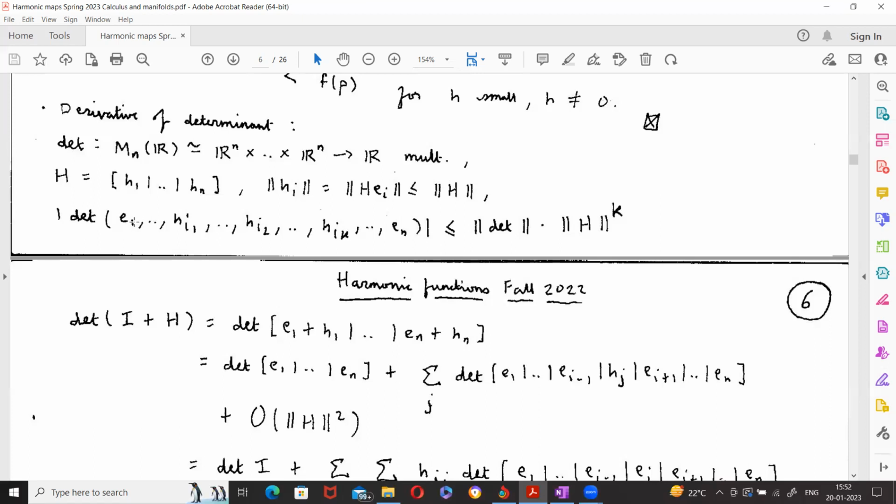The norms of the e_i's are 1, and the norms of the h_i's are less than or equal to norm H, so I get a product of norm H, k times.